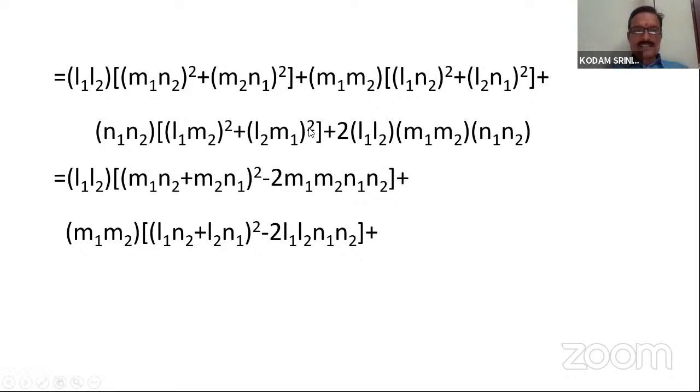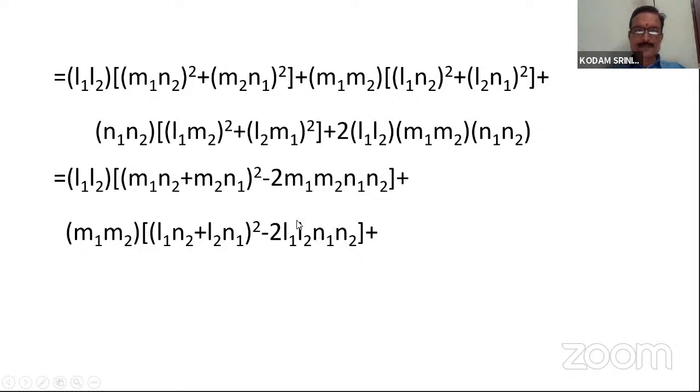Similarly, writing the second term also, M1 M2 into, here also it is of the form a square plus b square, that is a plus b whole square minus 2ab. That is M1 M2 into L1 N2 plus L2 N1 whole square minus 2 L1 N2 into L2 N1, nothing but minus 2 L1 L2 N1 N2.